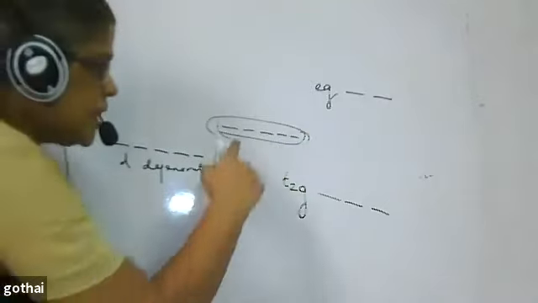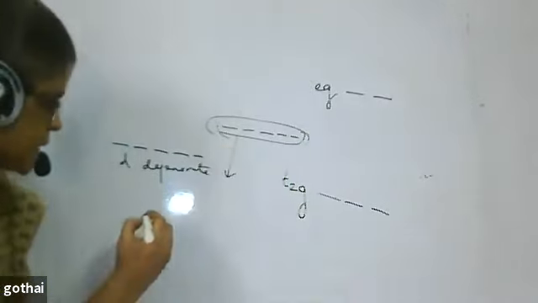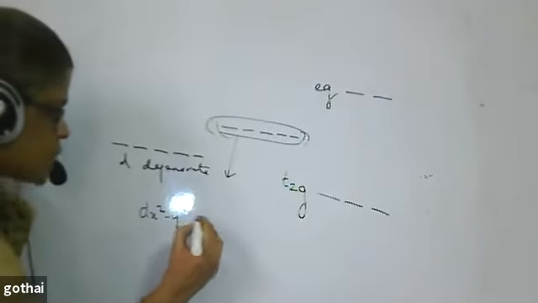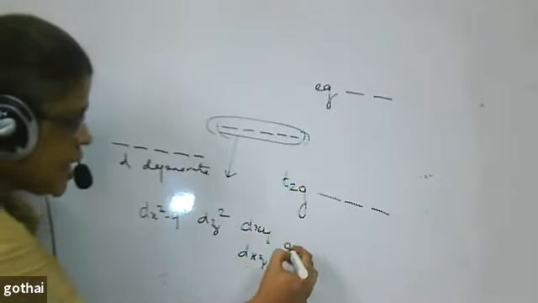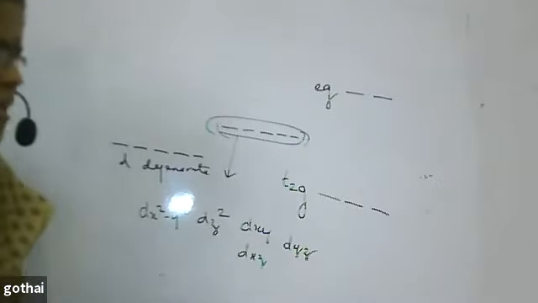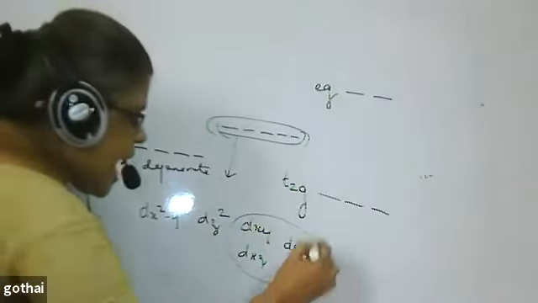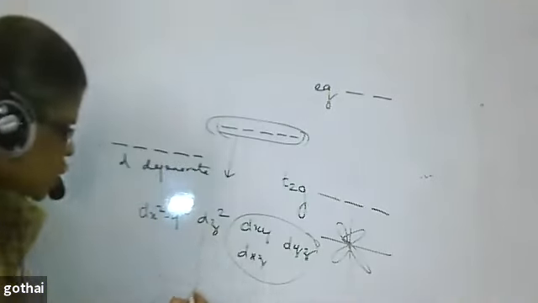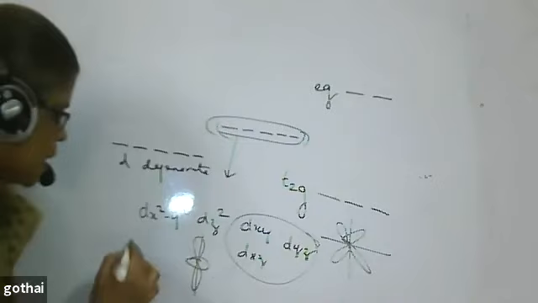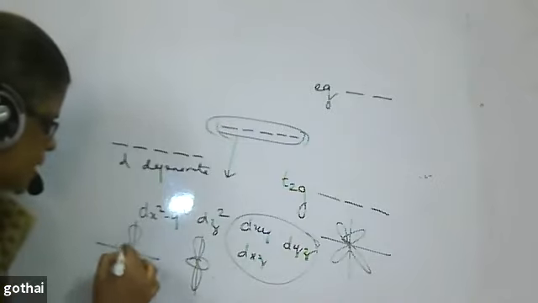How many d orbitals are there? 5 d orbitals: dx square minus y square, dz square, dxy, dxz, dyz. All these three have the orbitals in between the axes. These two have the orbitals along the axes.